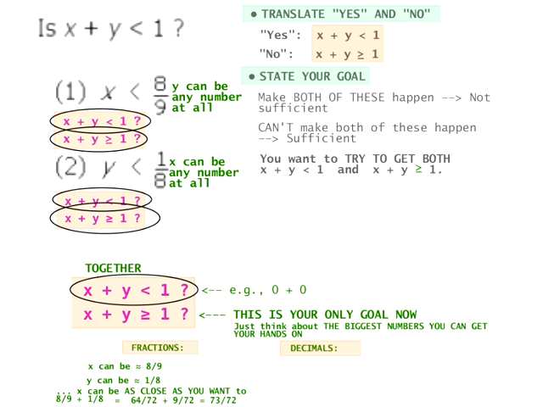Again, you cannot achieve the value of 73 over 72, but you could be 73 over 72 minus 0.000000, whatever. So this is bigger than 1, and that proves that you can also get that case, which means not sufficient.